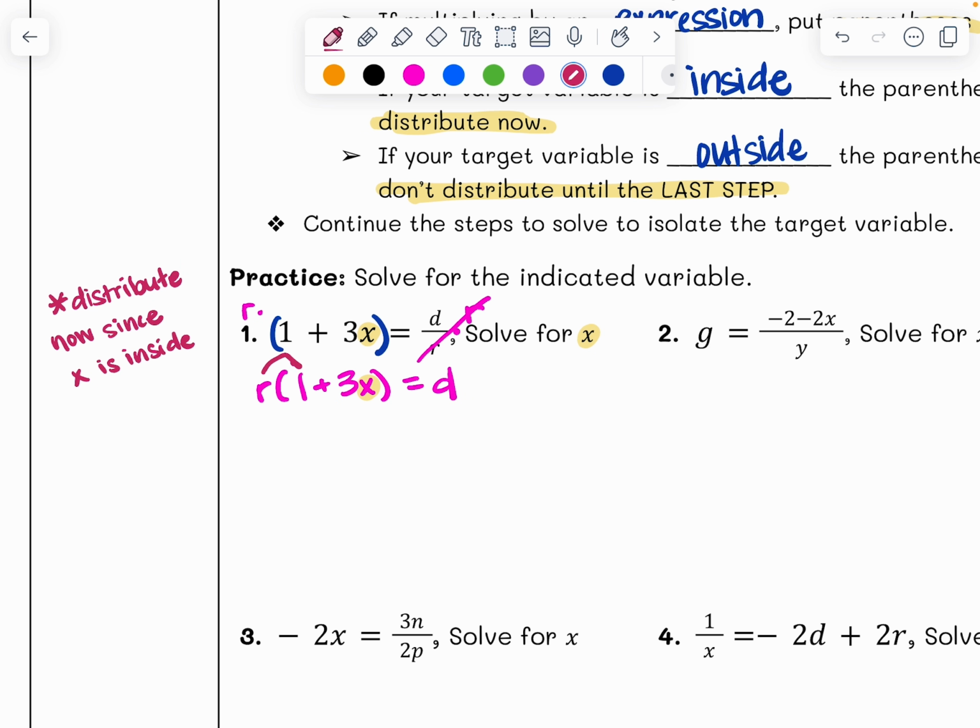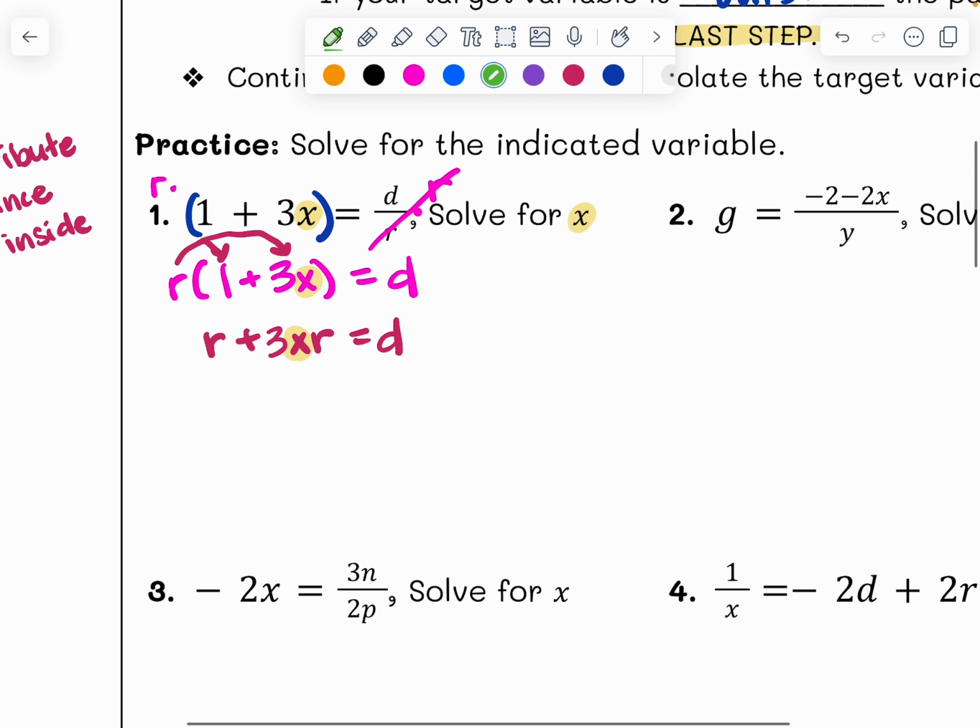So r times 1 is r, or 1r. R times 3x is 3xr equals D. Still trying to get x by itself. My next step will be to subtract r.